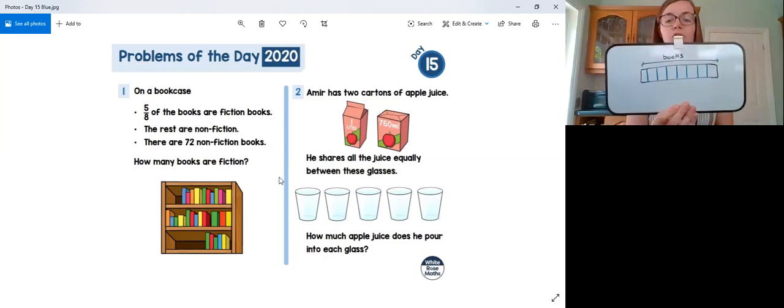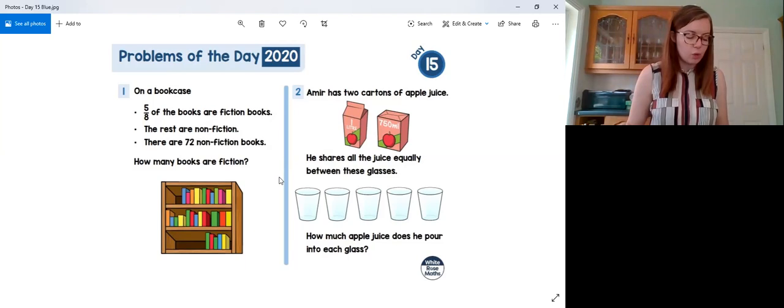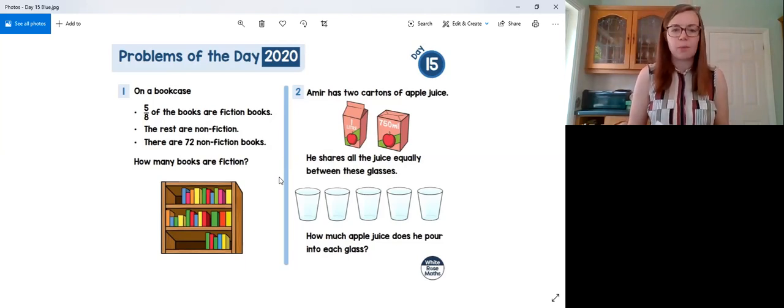Okay, so my bar has been cut into 8 equal pieces. I have also been told that 5/8 of the books are fiction. So 1, 2, 3, 4, 5. So these are fiction. And then I've been told the rest are non-fiction.